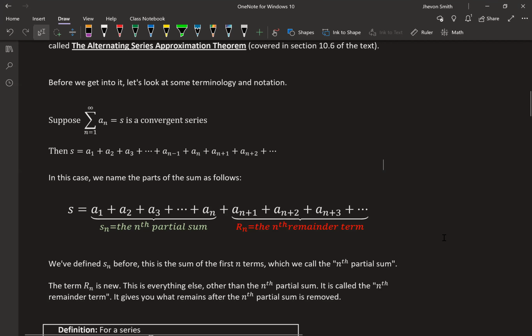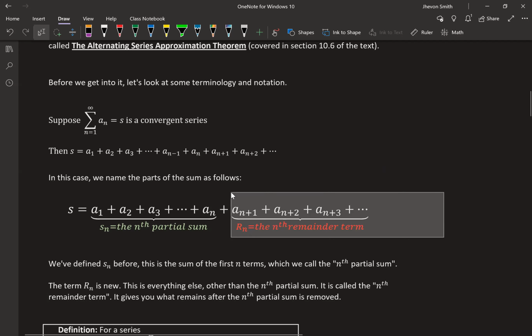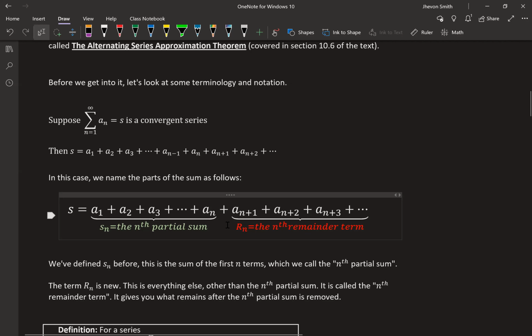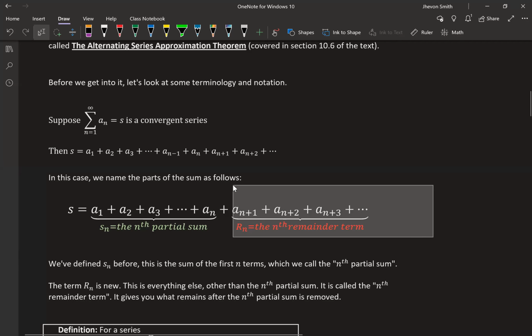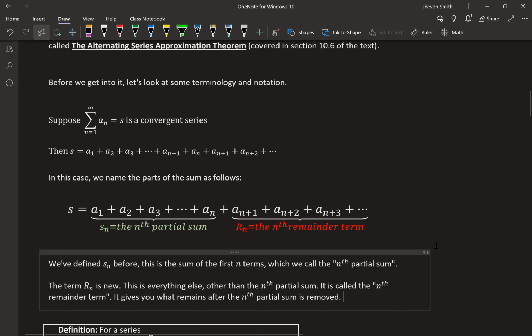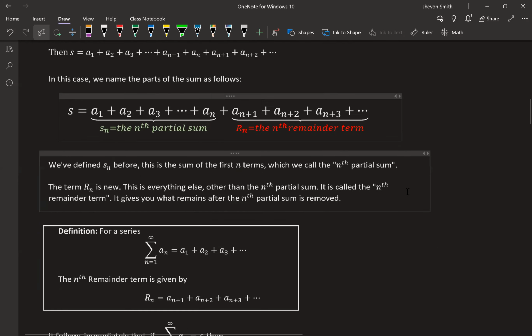Now, obviously, there's going to be a bunch of terms that are left off. In fact, there's going to be an infinite number of terms that are left off. This is called the remainder term, or more specifically, the nth remainder term. So once I find the nth partial sum, whatever is left over at the tail of the series, this is called the remainder term. Now, obviously, the remainder term is going to be the guy that measures the error. How far are you away from the actual answer?